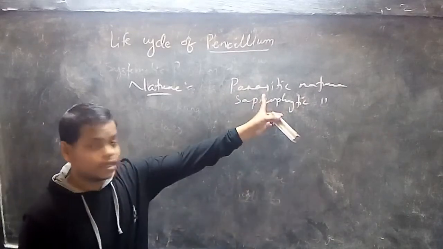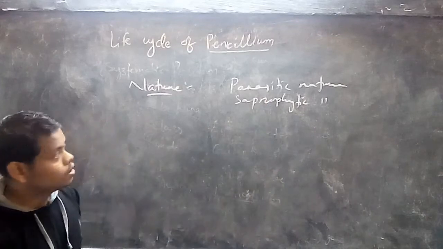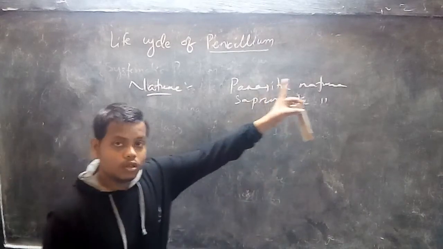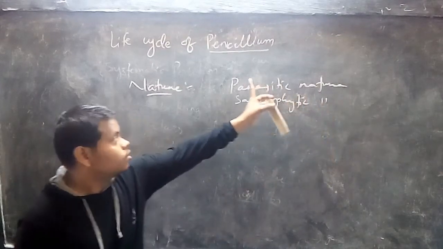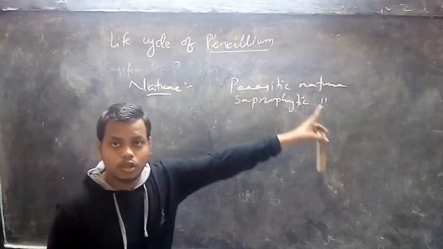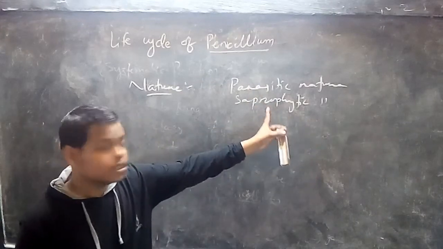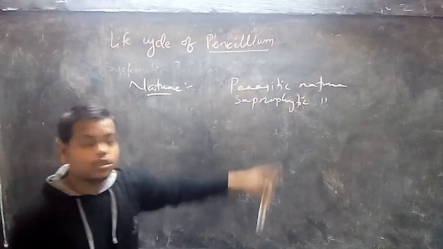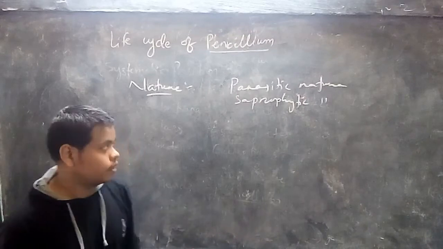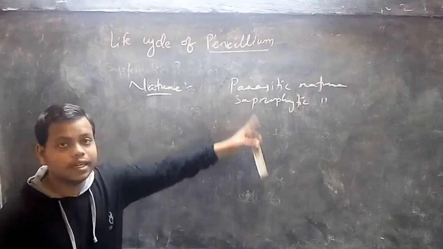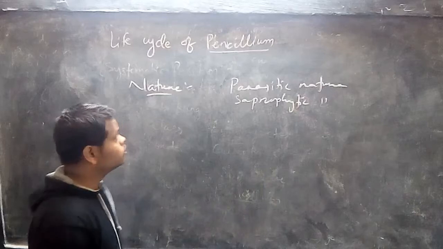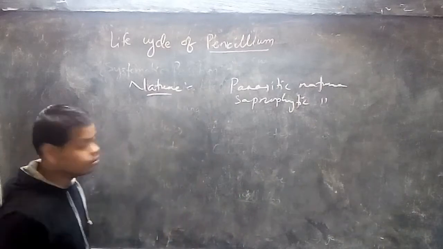What is the meaning of parasitic? Parasitic means those which grow on another organism, and the Penicillium is benefited while the other one is harmed. Saprophytic means the Penicillium grows on dead and decaying materials. So this is the nature of Penicillium.